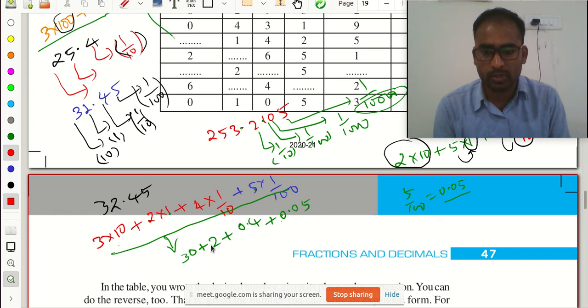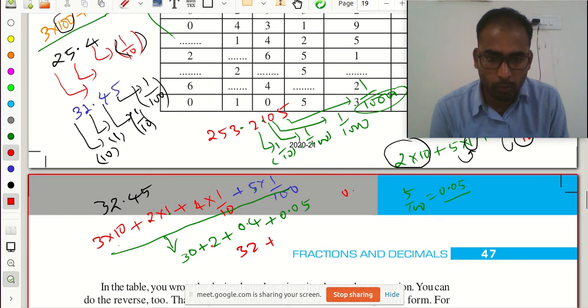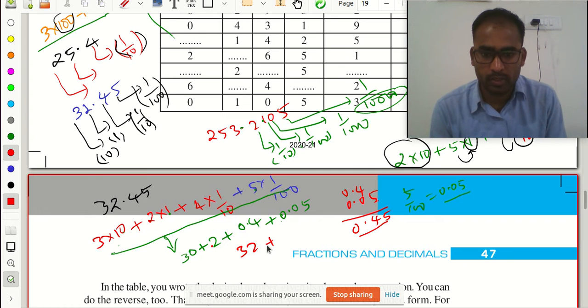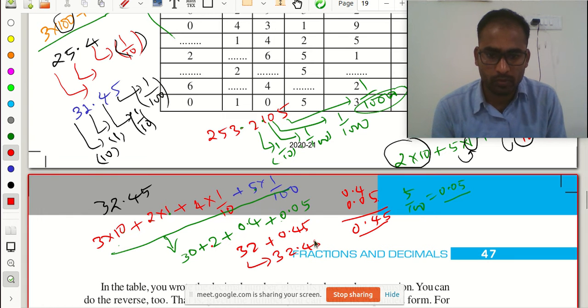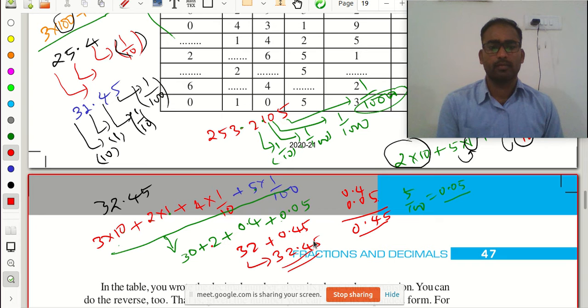If you add all these things, 30 plus 2 is 32. 32 plus 0.4 plus 0.05. 0.4 plus 0.05 is how much? This 5 will come here. 4 plus 0 is 4, 0 plus 0 is 0, so 0.45. So 32 plus 0.45, I can write this as 32.45. Clear?